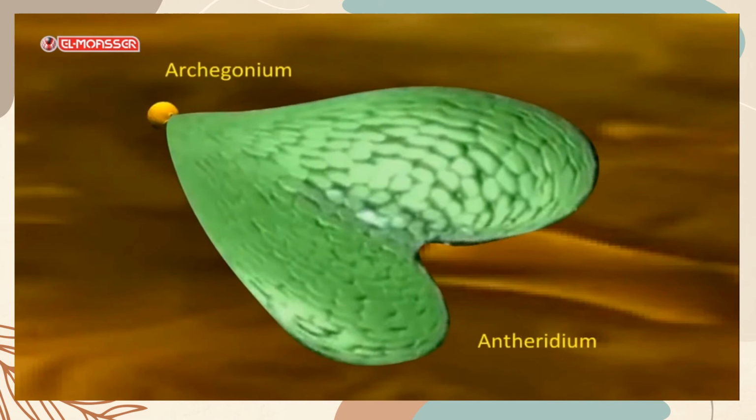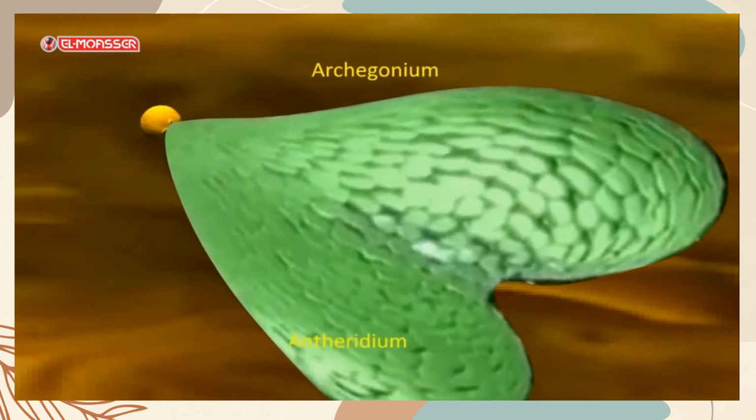The gametophyte carries rhizoids on its lower surface that penetrate the soil to absorb water and salts, and on the anterior region of its lower surface, the genital organs, gonads, grow, and there are 2 types, which are male organs called antheridia and the female organs called archegonia.